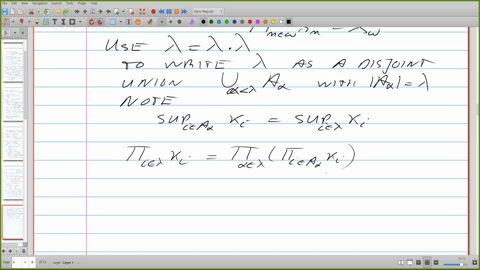And now we know that because of the commutativity and the associativity, we can write the product of the kappa i's as a product of products of kappa i's. And so what do we get?